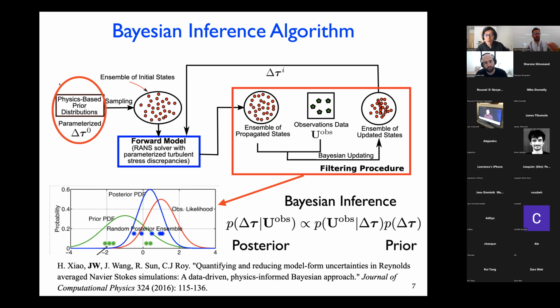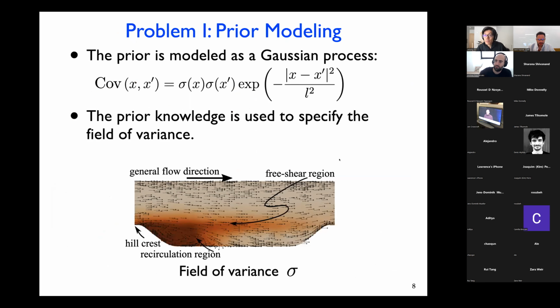So how we get the start point of this inference algorithm. So in this work, for the prior distribution of delta tau, we try to model it as a Gaussian process by using the standard squared exponential kernel.